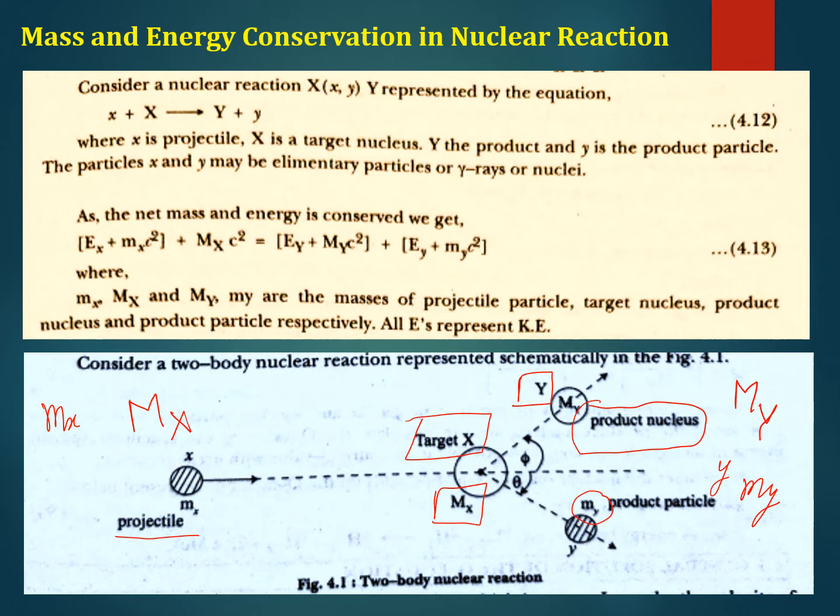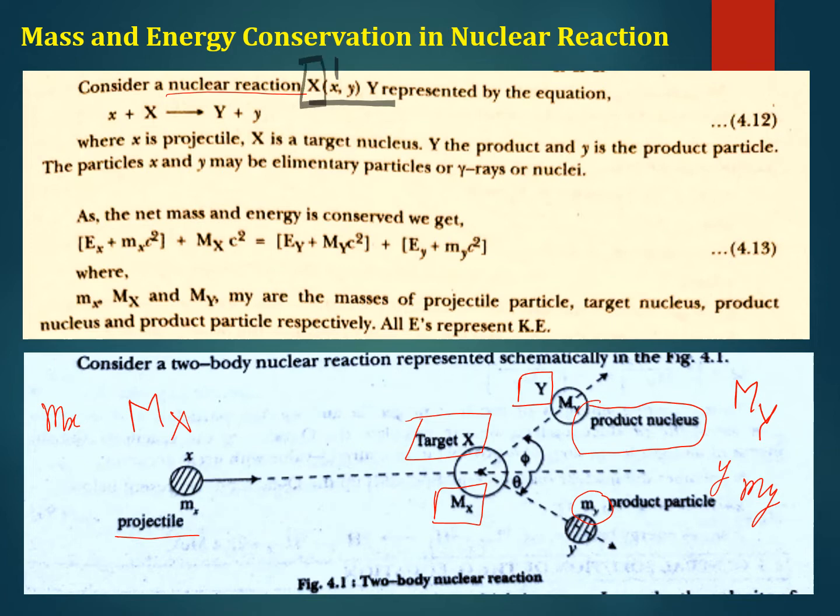So while we are going to the nuclear reaction, remember that the nuclear reaction can be represented like this. Small x represents the projectile, capital X represents the target being bombarded. Generally the target is steady.